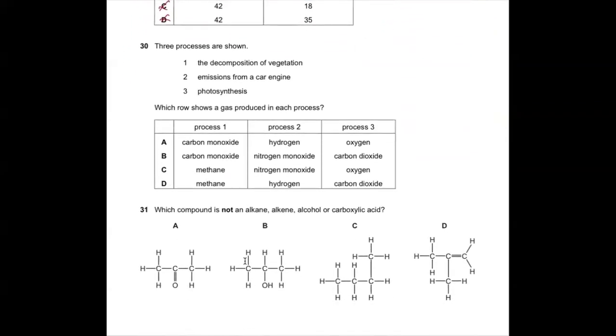Now, MCQ number 30, the processes are shown. The decomposition of vegetation, the emission from a car engine, the photosynthesis. So, which row shows the gas produced in each process? In process one, if you recall, decomposition of vegetation gives you methane.